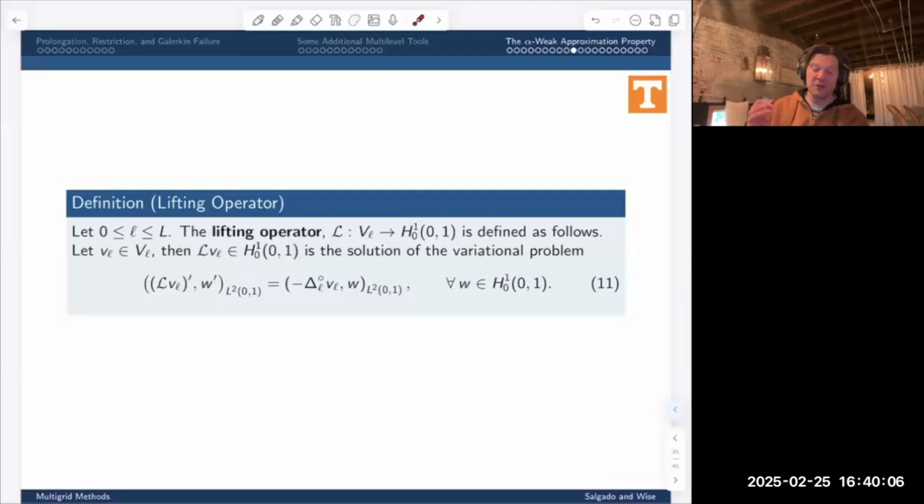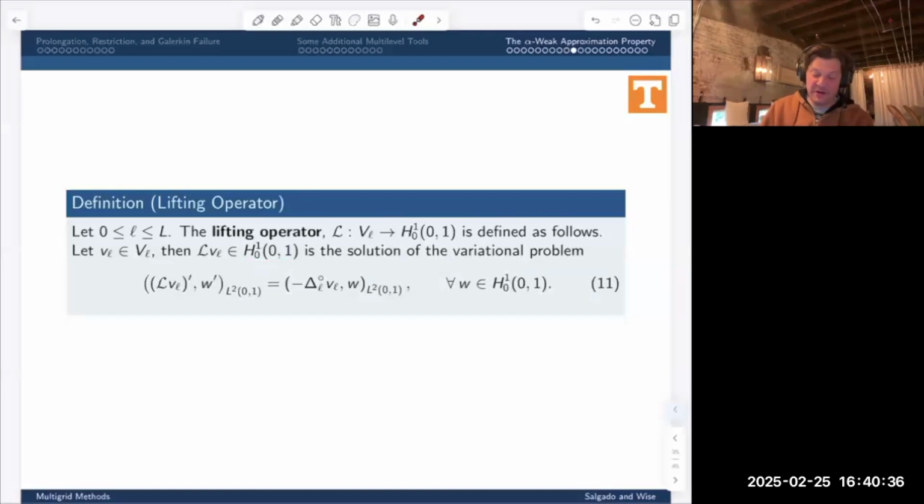This is my Sobolev space, the space of all weakly differentiable functions that are also L2 and that have zero Dirichlet boundary conditions on the domain 0 to 1. So it lifts this discontinuous, piecewise constant function into this space.